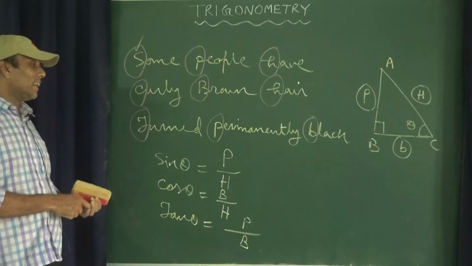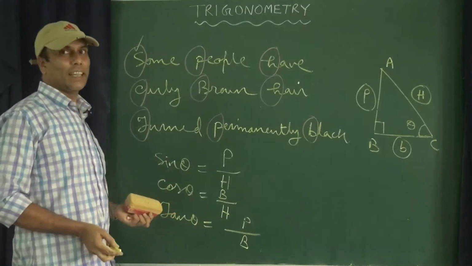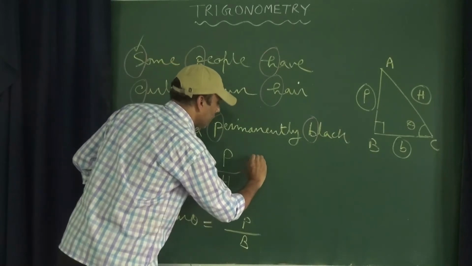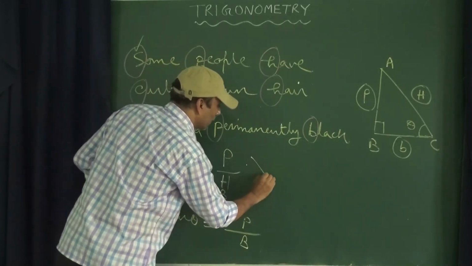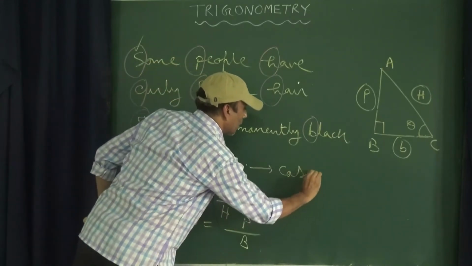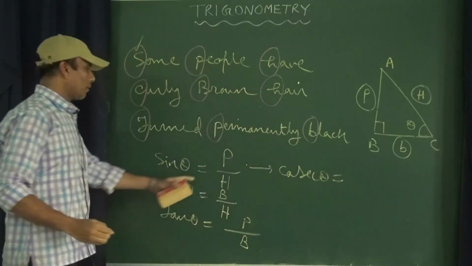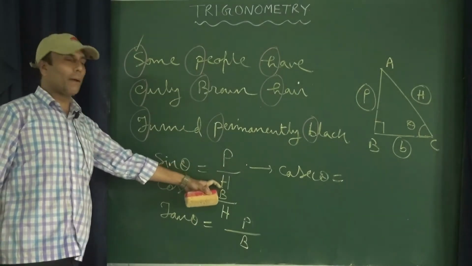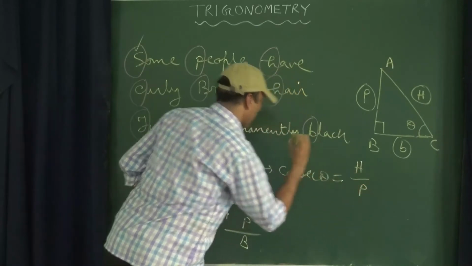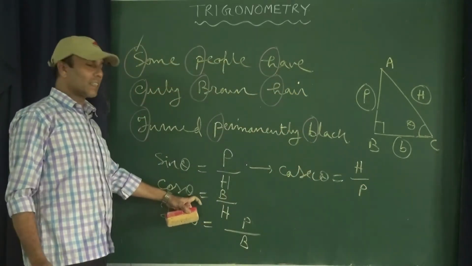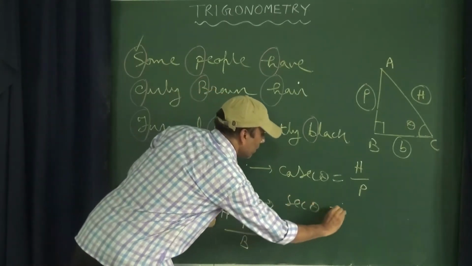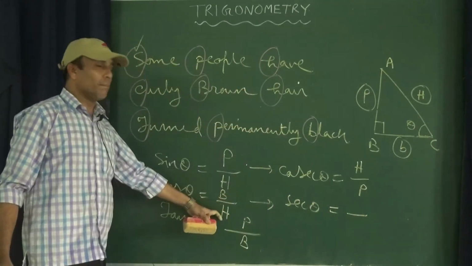How? Sin theta's reciprocal is cosec theta. So from here cosec theta we will get. It is the reciprocal of sin theta. So sin theta written perpendicular by hypotenuse. So cosec theta will become hypotenuse by perpendicular. Then cos theta's reciprocal is sec theta. So cos theta written as base by hypotenuse.